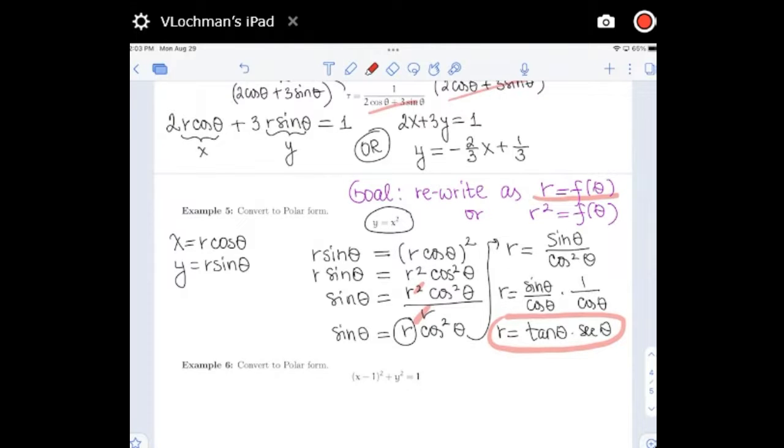So once you have that equation, now you know what that parabola will be looking like as far as a polar curve. Okay, so your final answer: r is equal to tangent theta times secant theta. There's nothing else we can do here to simplify it. This is it.